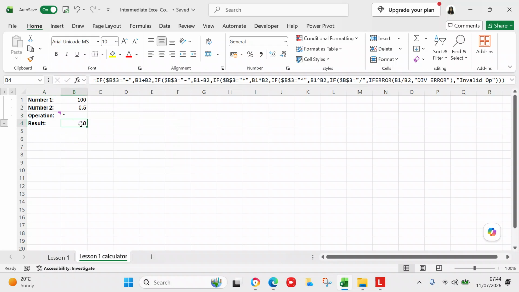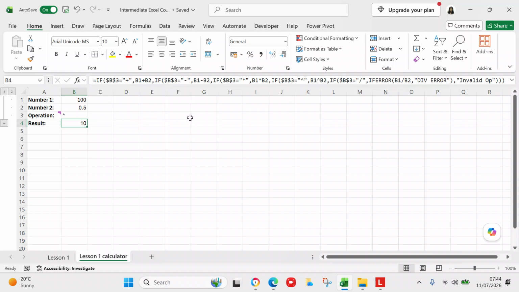And this is your result. We've got a big formula in here for the result, so it's a big if statement. If $3 equals plus, it's going to be B1 plus B2. If $3 equals minus, it's going to be B1 minus B2.